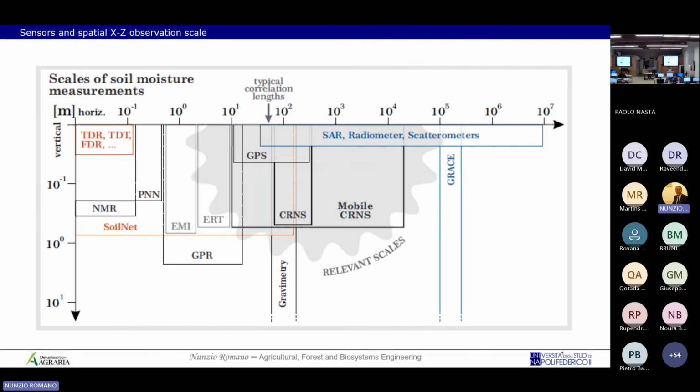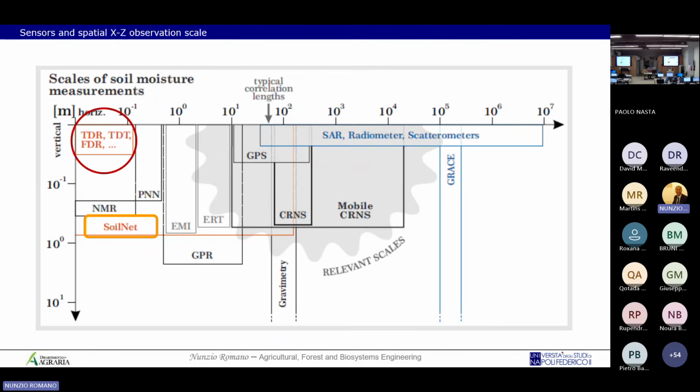And you can see here the TDR, or the frequency domain reflectometry FDR, or the capacitance probe, that have a very small horizontal spatial scale with a small vertical scale, but you can enlarge this if you use the wireless sensor that I will show you very soon.